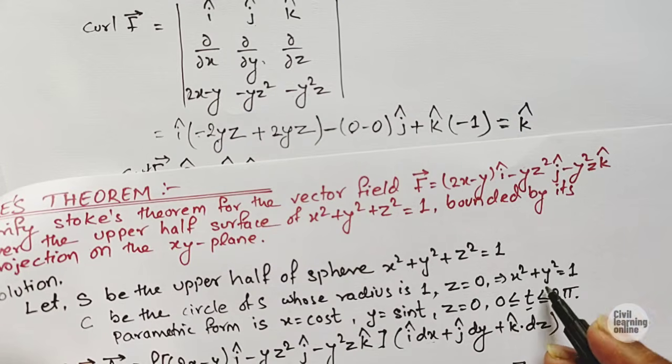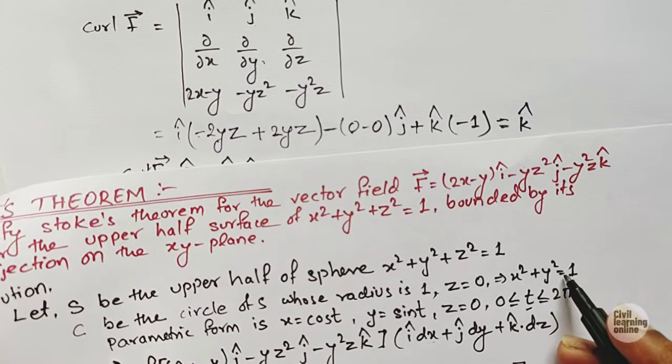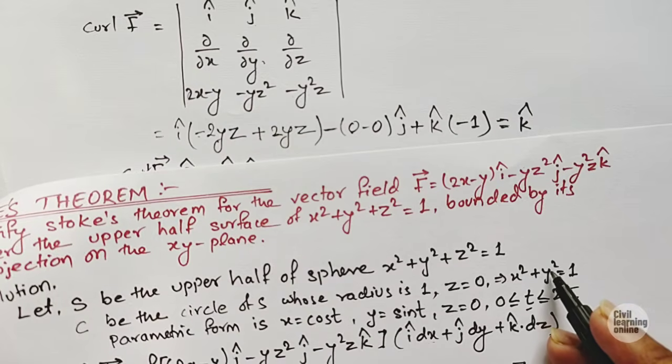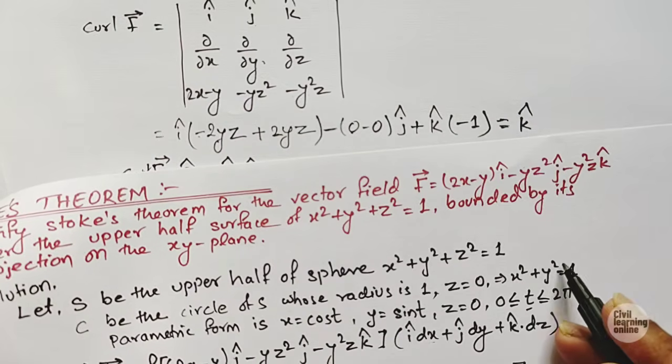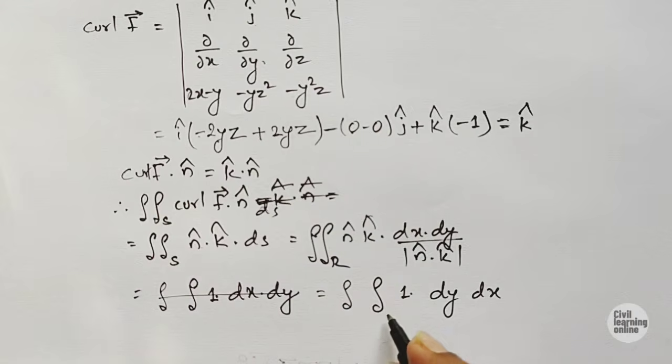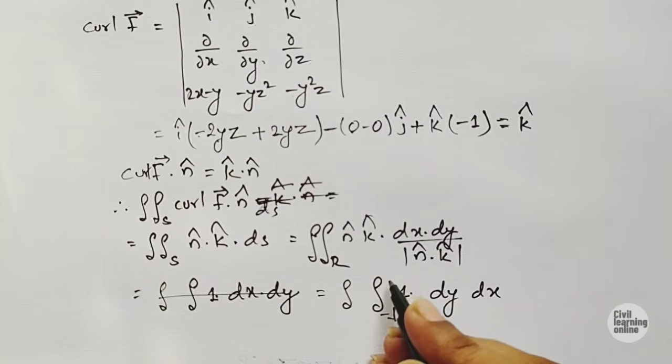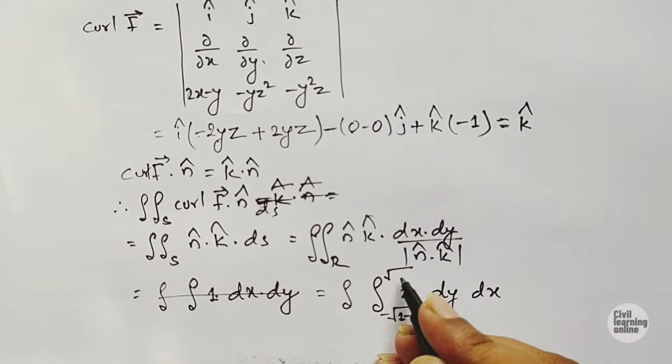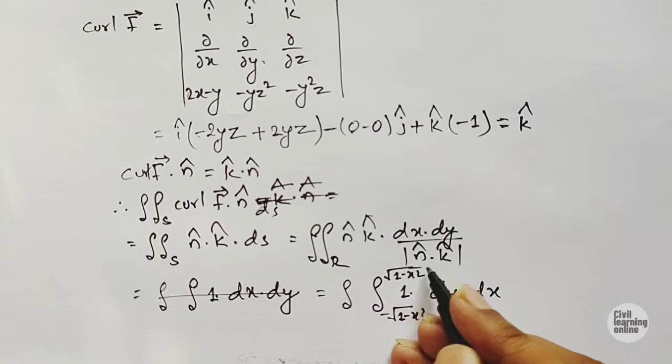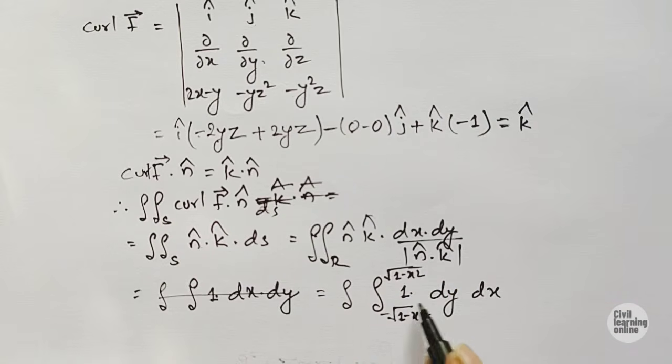Since y is under a root, it will have two values, positive and negative. So the lower limit will be minus root under 1 minus x square, and the upper limit will be positive root under 1 minus x square. This is the limit of integration in terms of y.